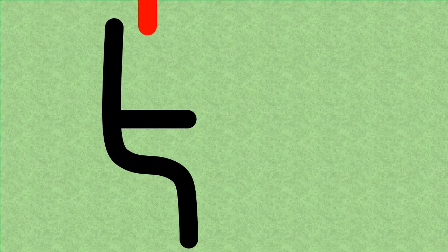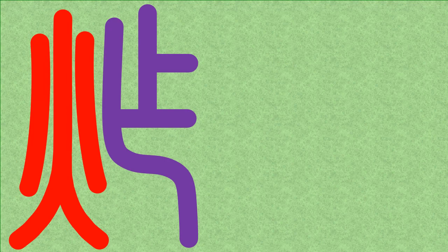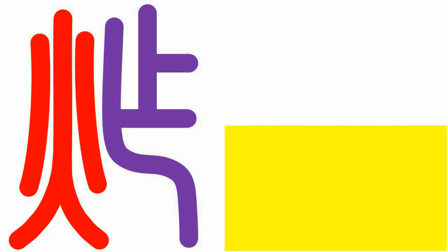Today's third character combines the phonetic with the fire radical, 火. It's also pronounced fourth tone, 炸, when it means to explode, but second tone, 炸, when it refers to frying in hot oil.